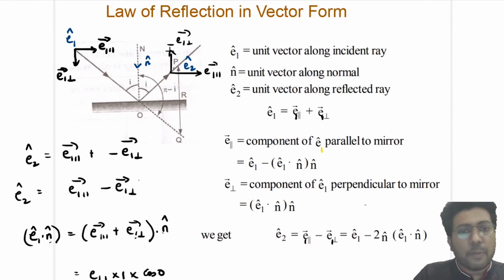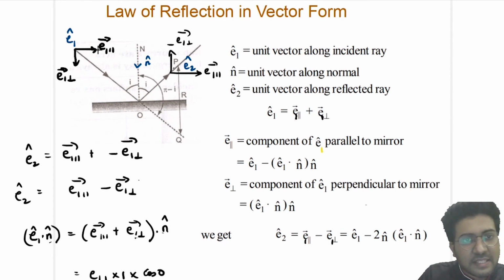Now E2 cap can be written as, see, you know that in the reflected ray only the component of the ray which is perpendicular to the surface gets reversed. The component of the ray which is along the surface remains unchanged.